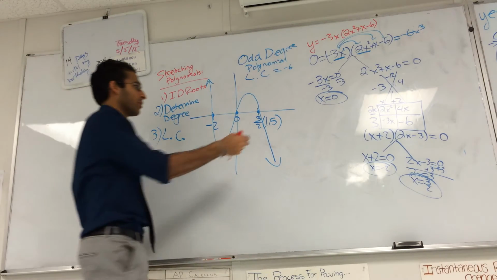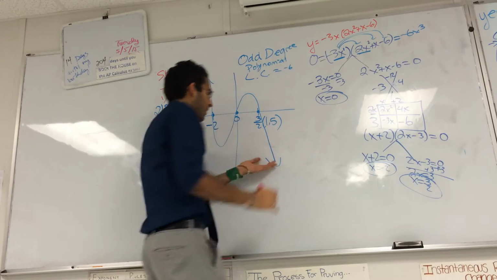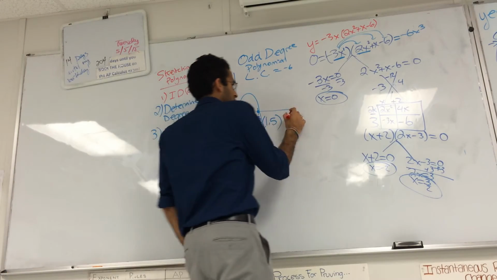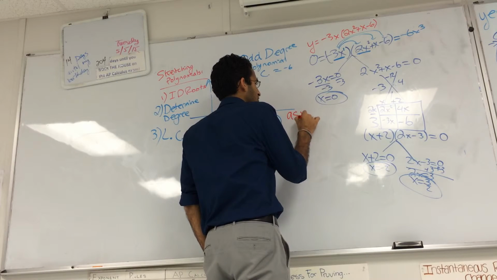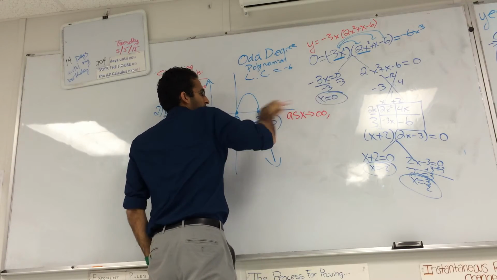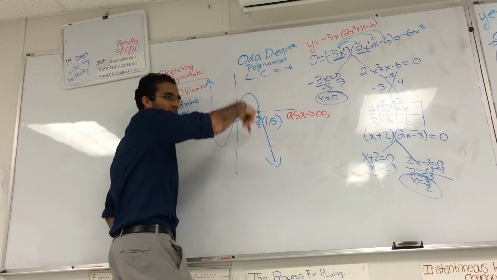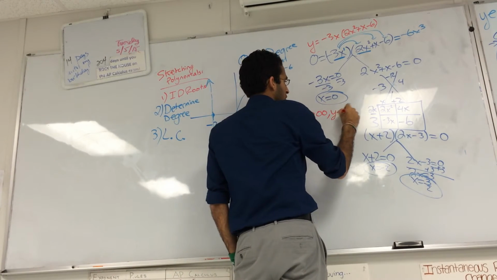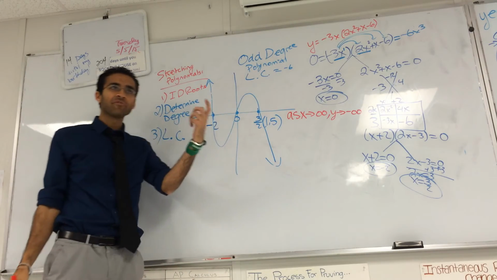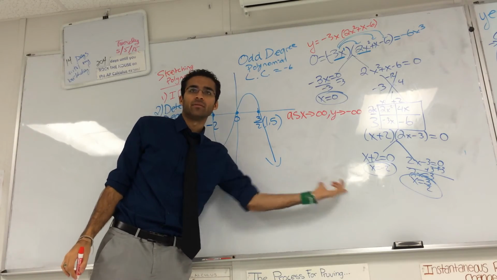So end behavior is just what happens on the two ends. That's it. The mathematical way to write this is: as x goes to infinity, as x gets really big, way out here, y goes downstairs. So y goes to negative infinity. That's half of the end behavior, because that's one end.